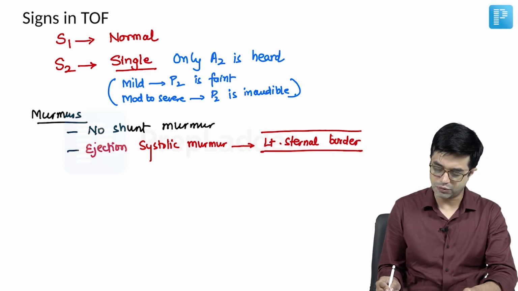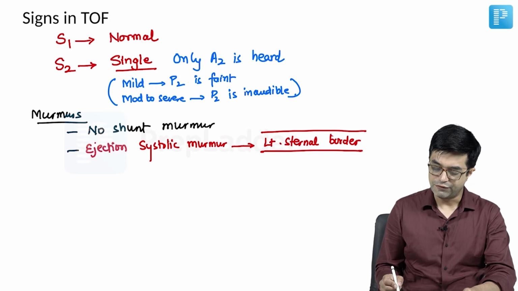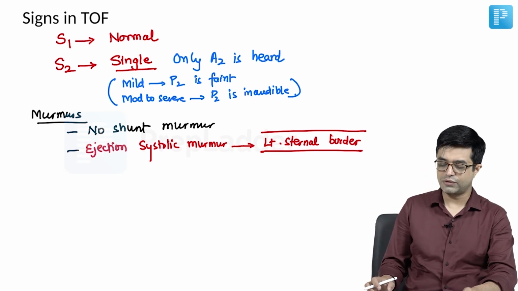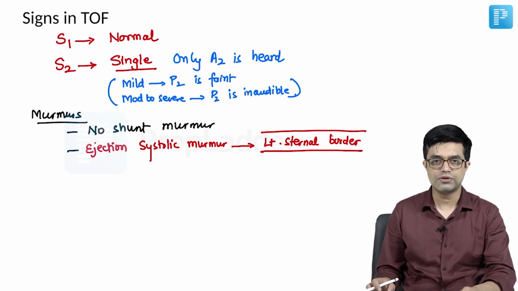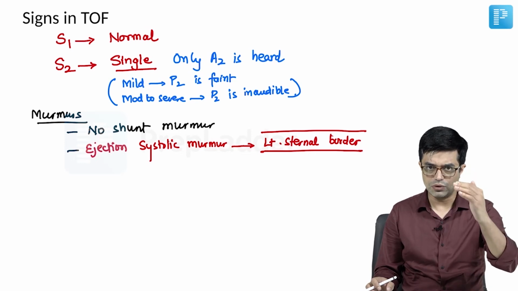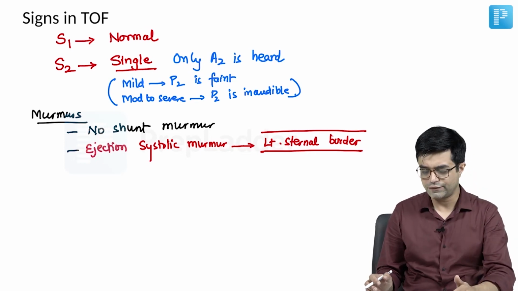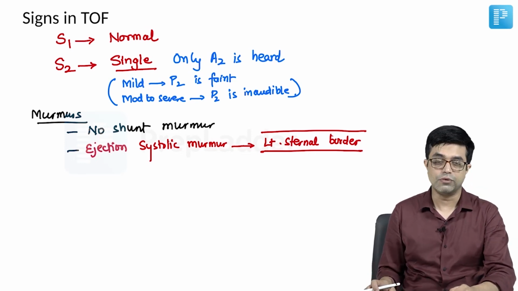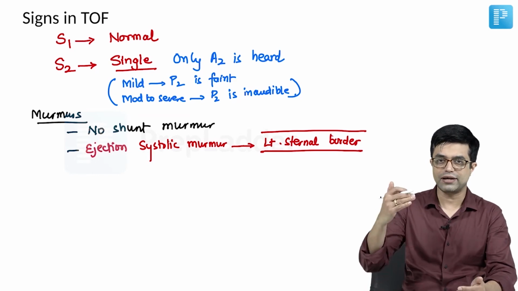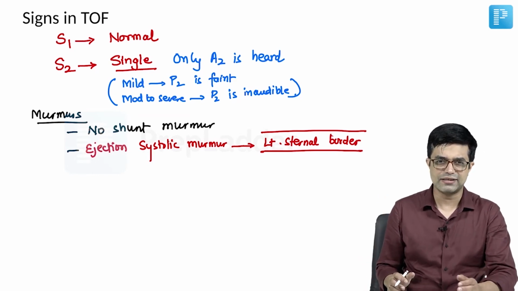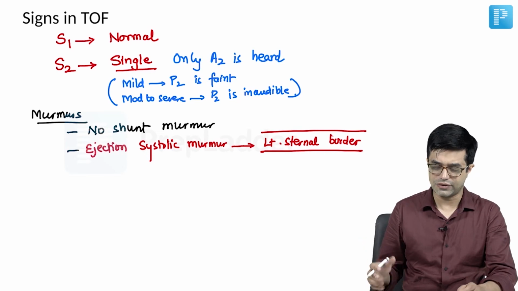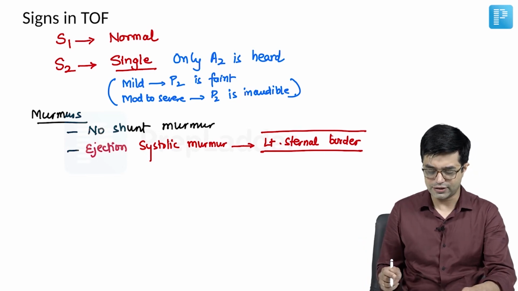Park talks about how, in case of infundibular stenosis, it is usually heard on the lower aspects of the sternal border, whereas in case of purely valvular stenosis, it is slightly higher placed. But this is something more academic, and on auscultation, all we hear is an ejection systolic murmur.